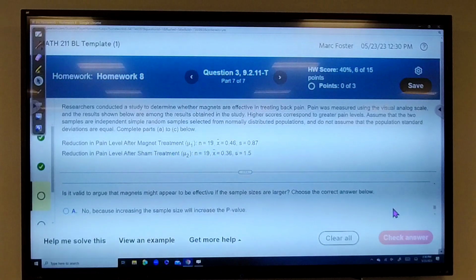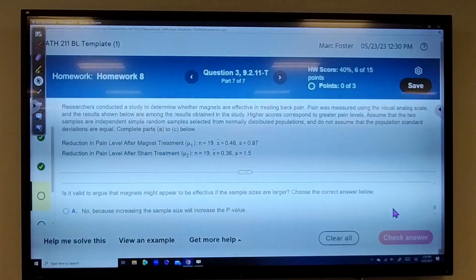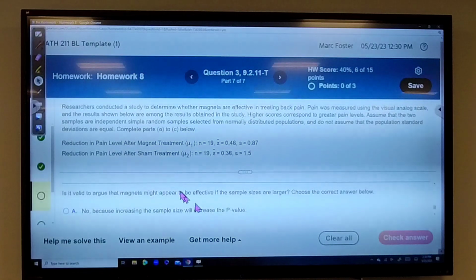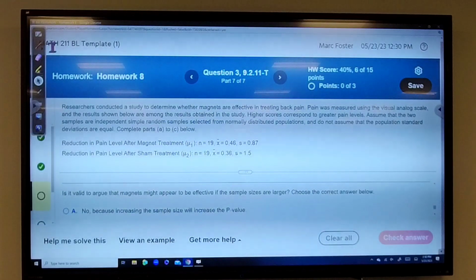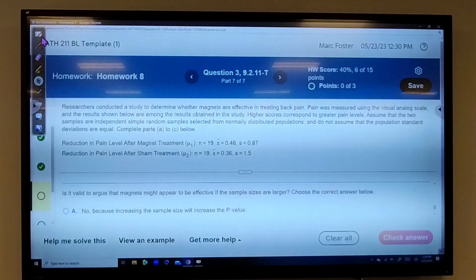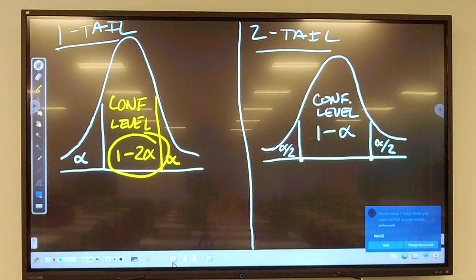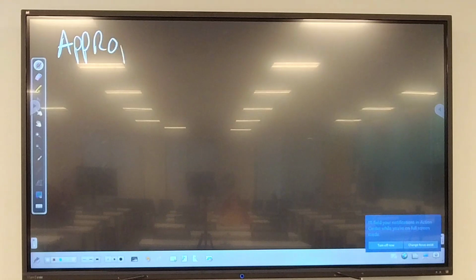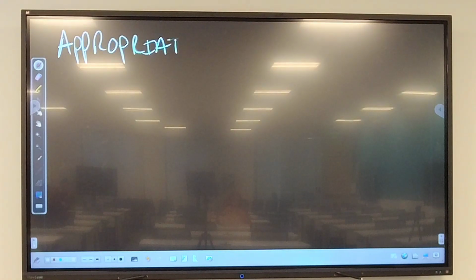Well, think about that for a minute. Appropriate sample size.